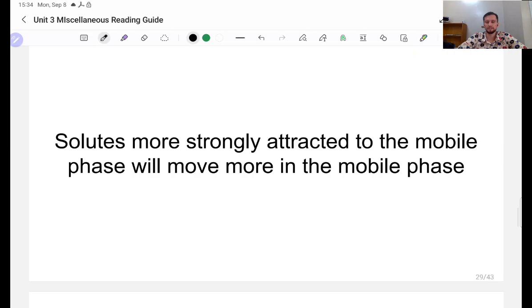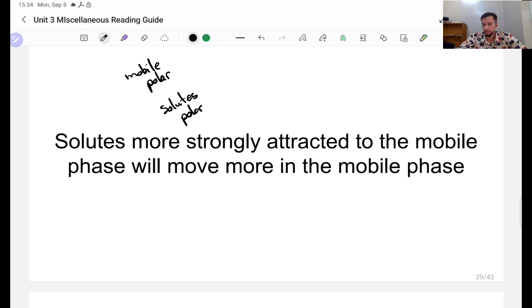Solutes more strongly attracted to the mobile phase will move more in the mobile phase. So remember, like dissolves like. So if we have a polar mobile phase, then the solutes which move in it the most will be polar.